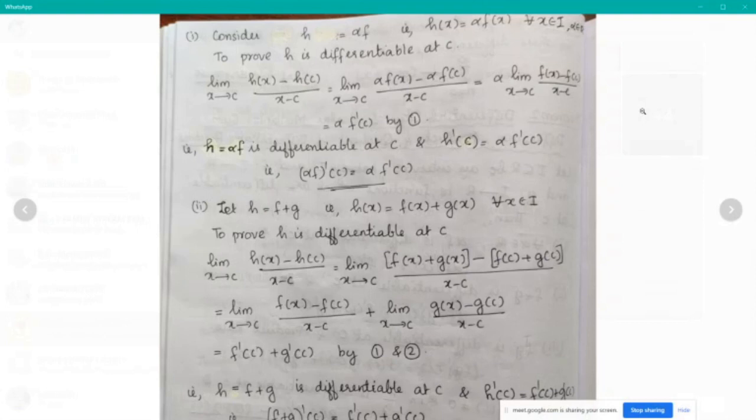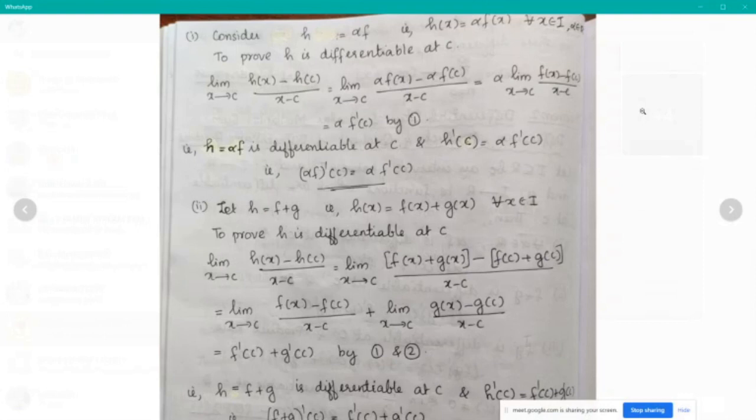What is h of c? Alpha into f of c. So in the numerator you have alpha into f of x minus f of c. So this alpha can be taken outside. So alpha into limit of x tends to c f of x minus f of c by x minus c. This is true by the theorems on limits, algebra of limits.